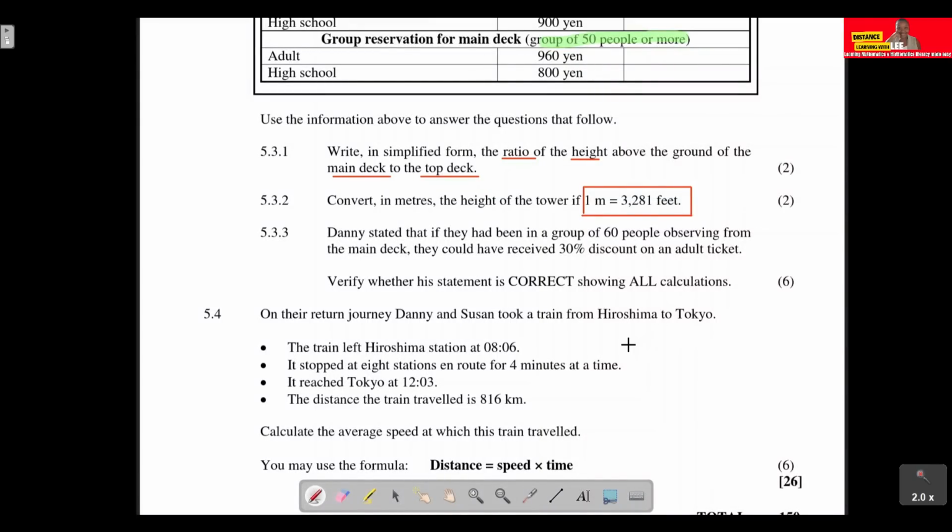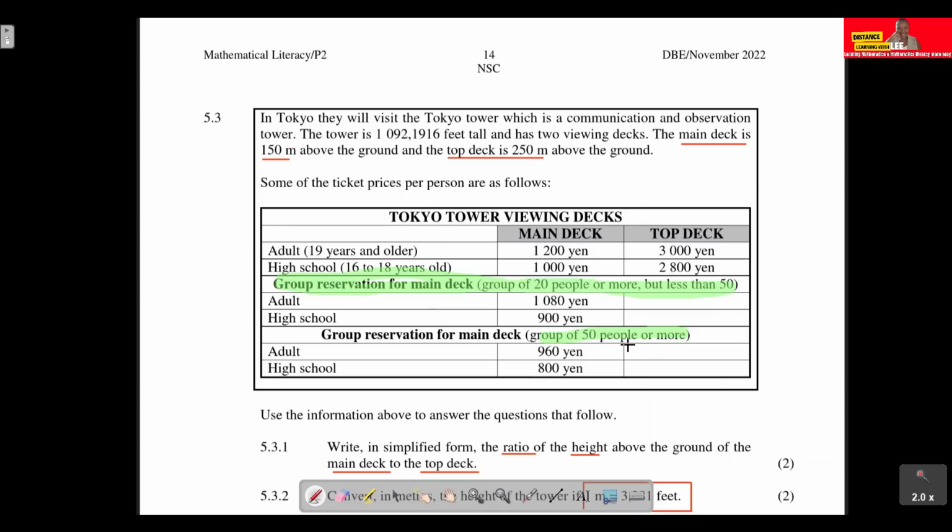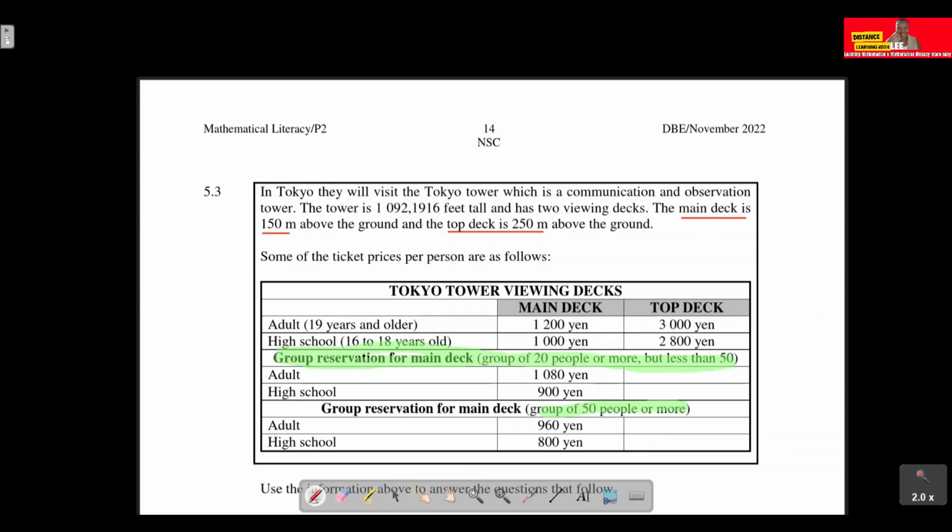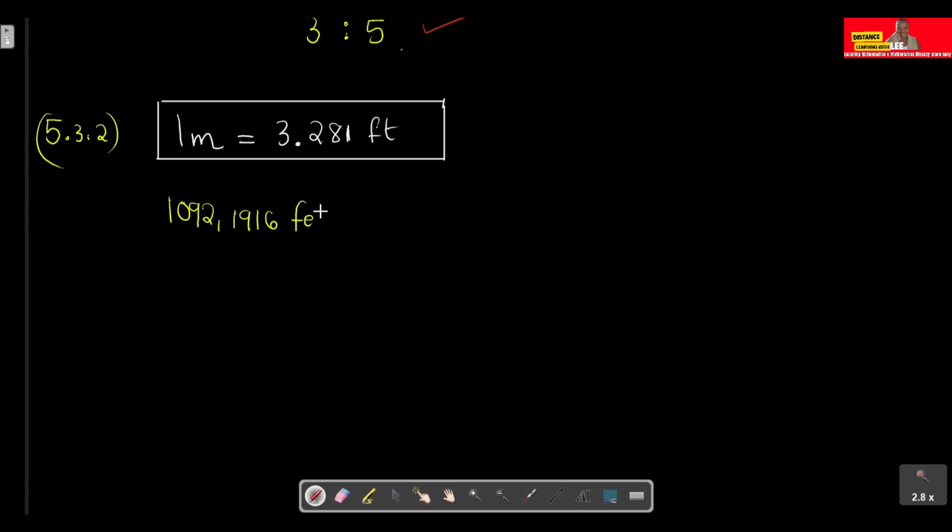So what is the height of our tower? Here we're given information about the height, and we're told that the tower is 1092.1916 feet tall. Now we want to convert these units of feet to meters.